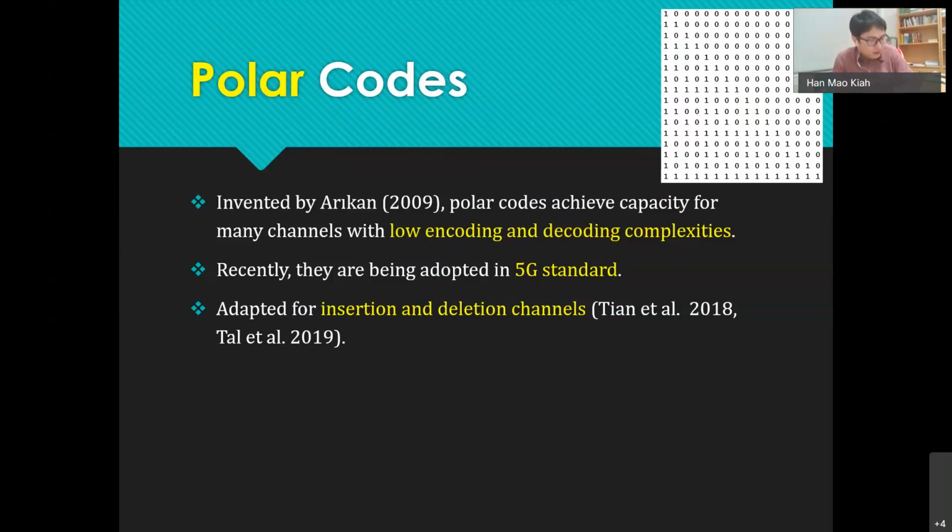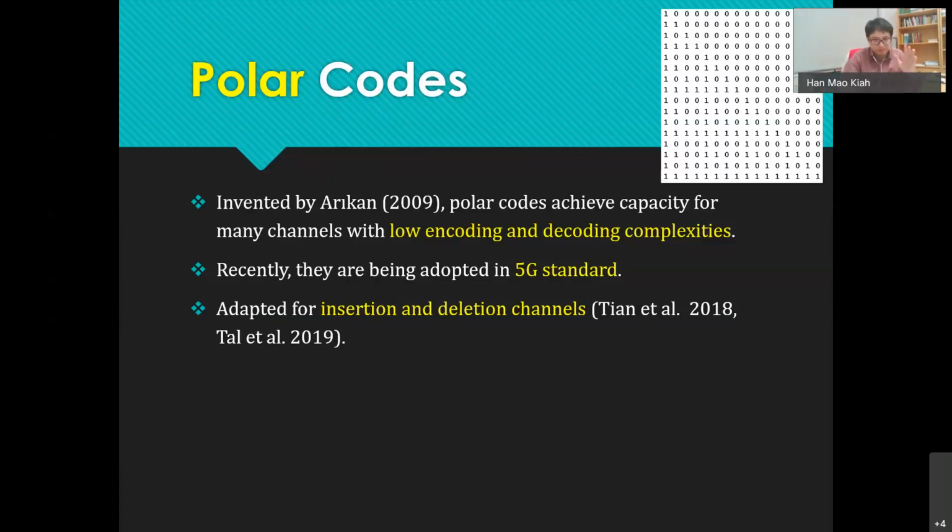Initially, Arikan demonstrated that these codes achieve capacity for the binary symmetric channel, but within the last 10 years there have been many works extending similar capacity-achieving results to other channels. Of significance, polar codes have been adapted for the insertion and deletion channels, and this turns out to be particularly useful for DNA-based data storage.